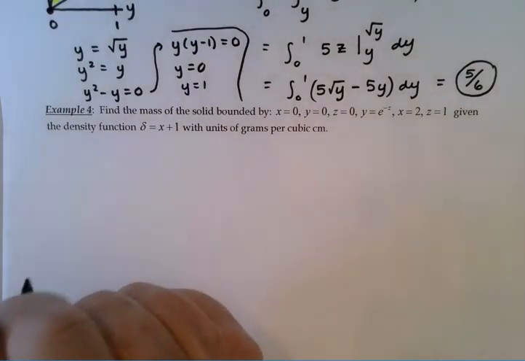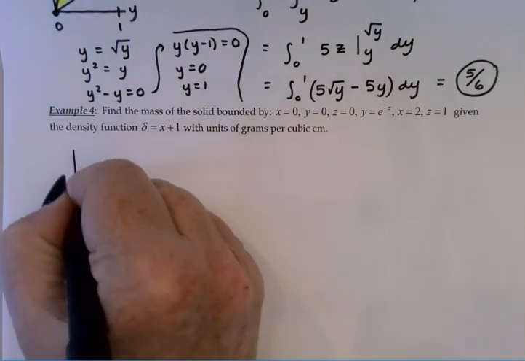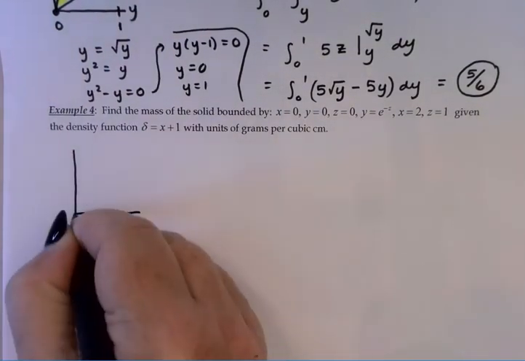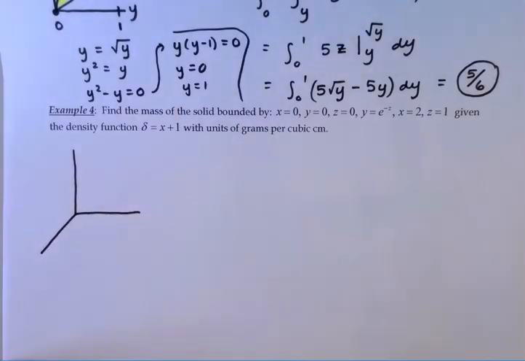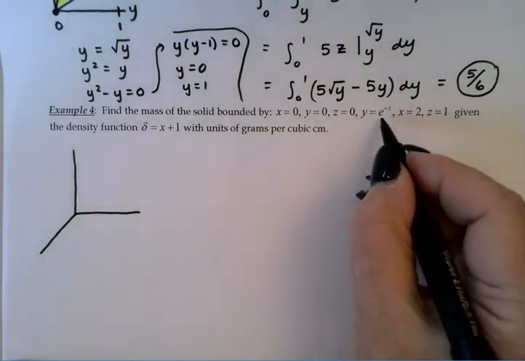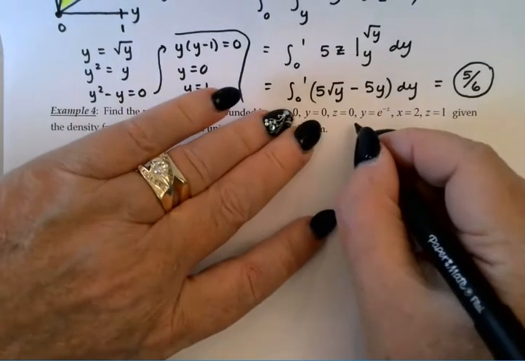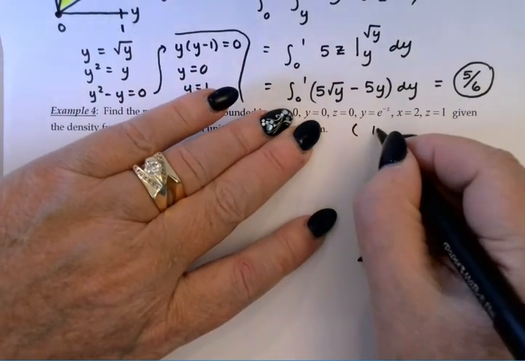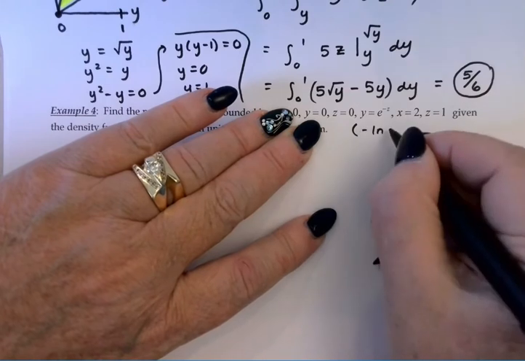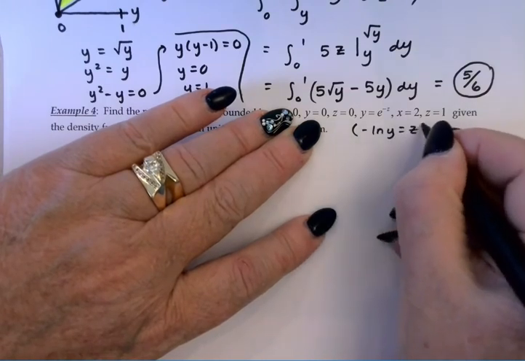Let me see how much of this I can predict. Let's see, y is equal to e to the minus z. In my head, I'm kind of thinking, if I took the natural log, it'd be the negative natural log of y is equal to z, right?